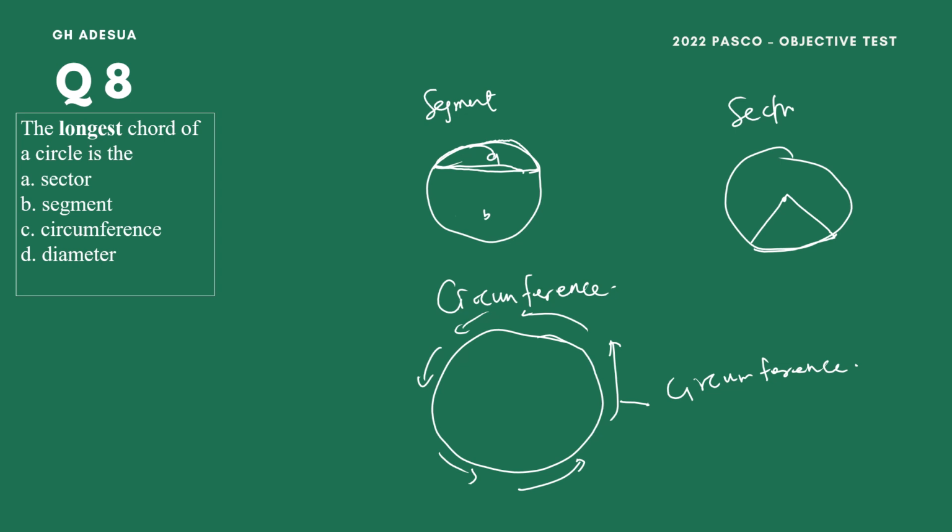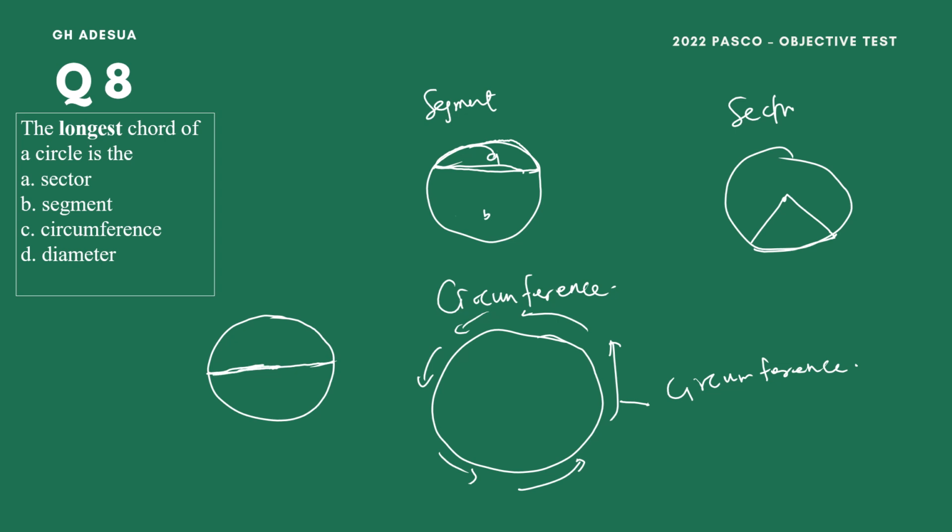But when we consider a diameter, it divides the circle into two equal halves, that is one radius and another radius coming together. So you see that as the longest, because the others could be major or minor, or they could be smaller in any way.